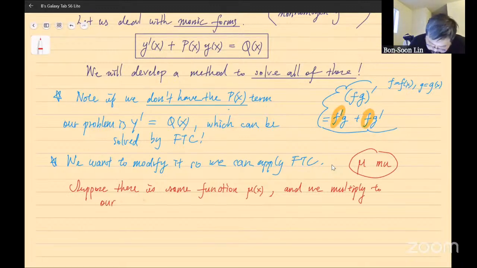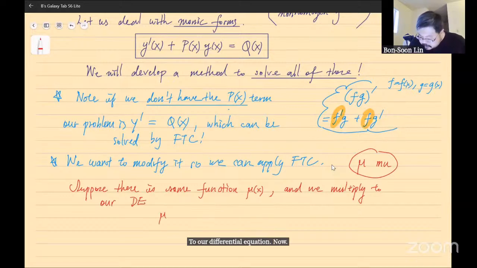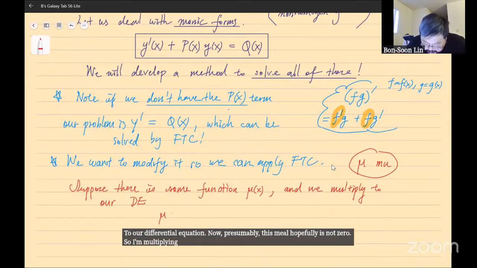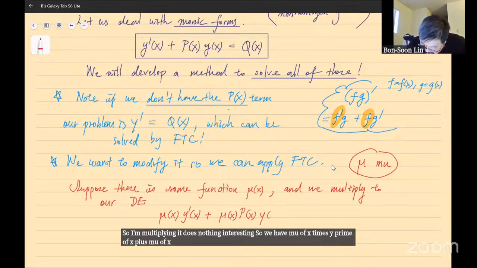To our differential equation. Now, presumably, this mu hopefully is not zero, so multiplying it does nothing interesting. So we have mu of x times y prime of x plus mu of x, p of x, y of x is equal to mu of x, q of x.